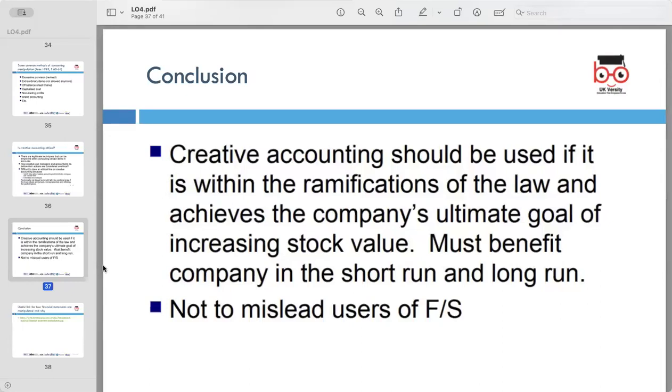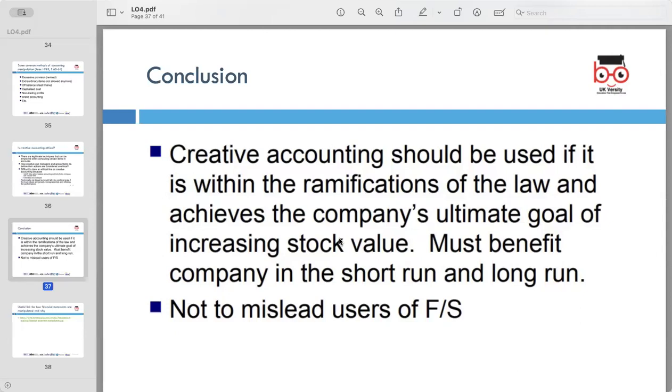Right, so we come to the conclusion. Creative accounting should be used if it is within the ramifications of the law and achieves the company's ultimate goal of increasing stock value. Basically, it is trying to say the use of creative accounting should be evaluated based on its legality, alignment with accounting standards, and ethical considerations.